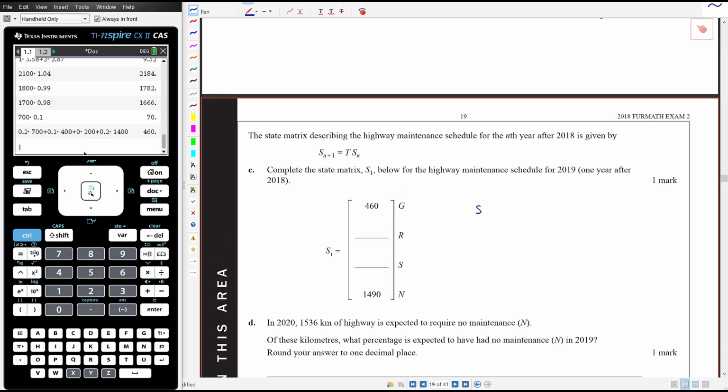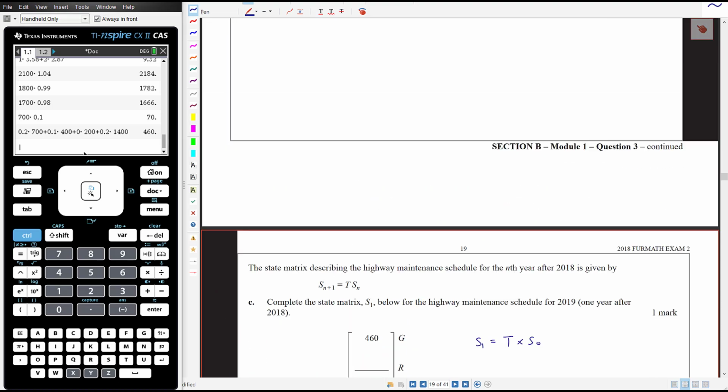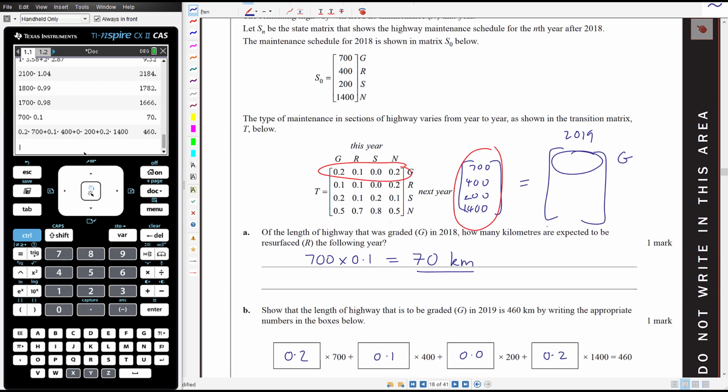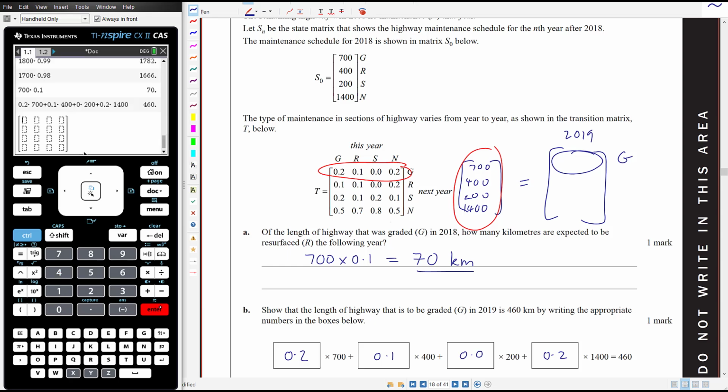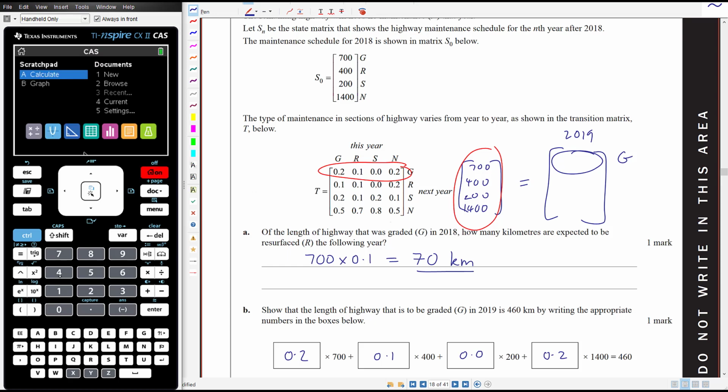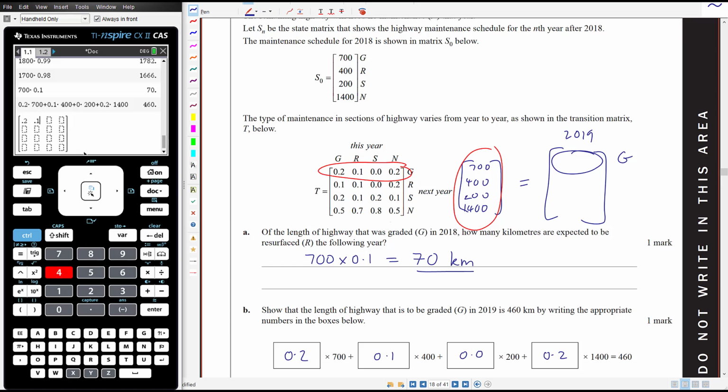We know S1 is T times S0. So we're going to get our transition matrix, which we've got here, times S0, which we've got up here. Let's do that in our CAS. We need a 4x4 matrix, the transition matrix: 0.2, 0.1, 0.2.